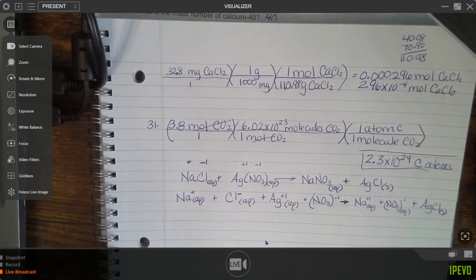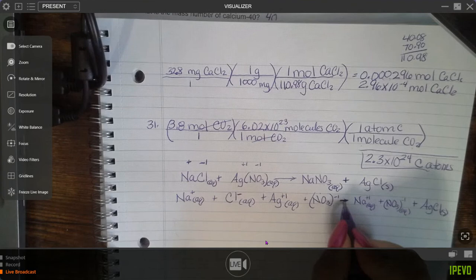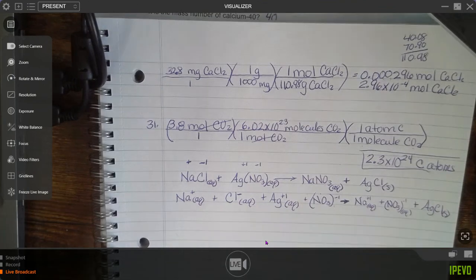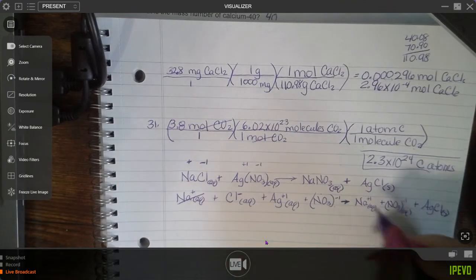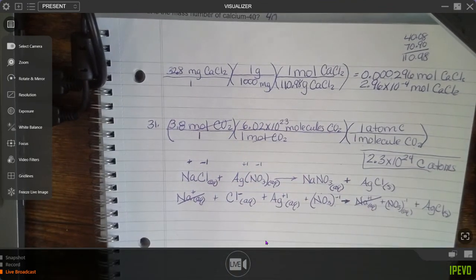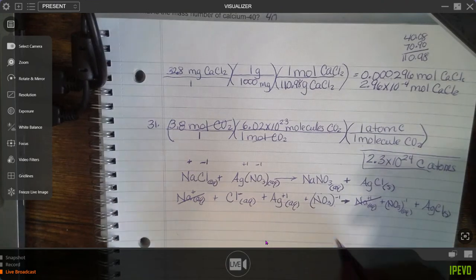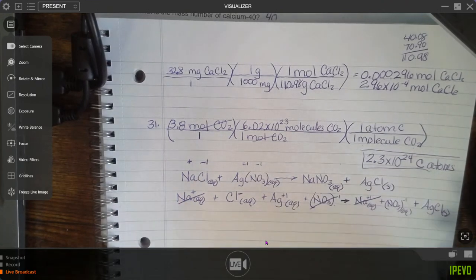Okay, so now if you remember net ionic equations, what we've got to do is we have to look at both sides of the reaction, and anything that appears exactly the same, we cross off. So sodium, we can cross that off. And then we can also cross off NO3, NO3.